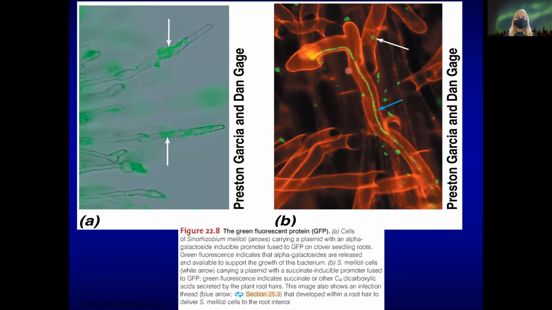Here you actually can see a beautiful infection thread that we talk about in plant physiology, of the nitrogen fixing bacteria getting access into the root hair and making their way to the bulk of the root so that they can set up camp and hang out and fix nitrogen for the plant. Okay, so really nice techniques. And surprisingly, the green fluorescent protein works really well, even though it was isolated from jellyfish. It's been very, very successful in the world of microbiology for tagging microbes.